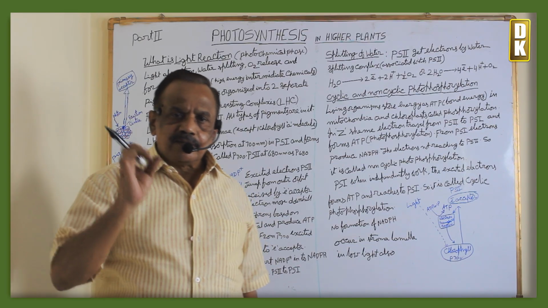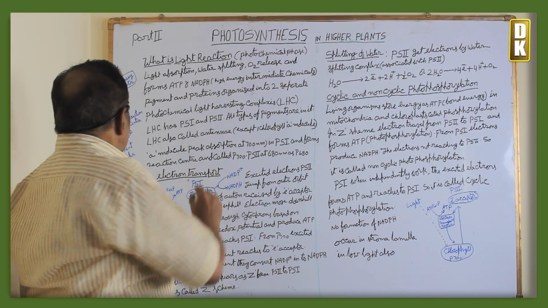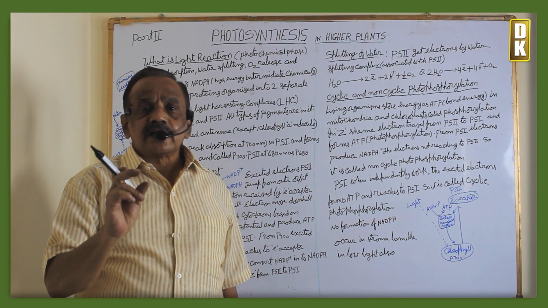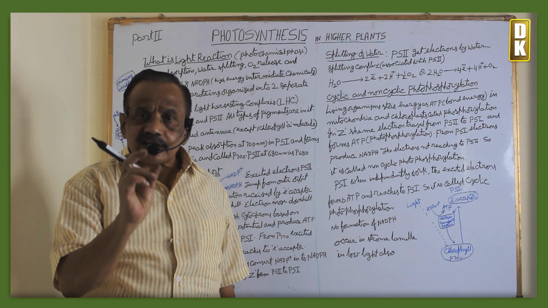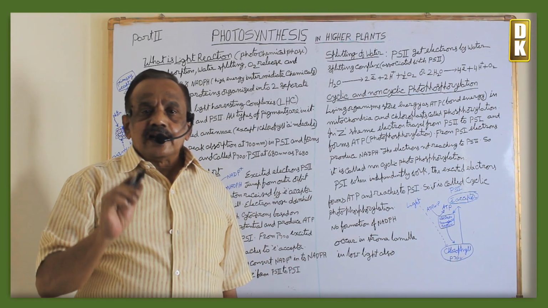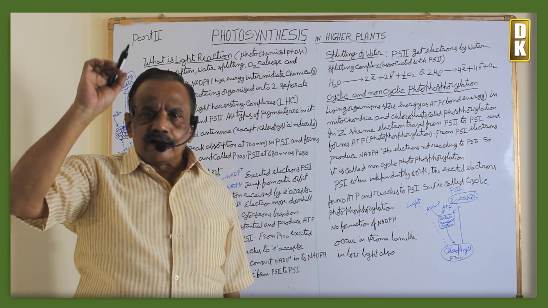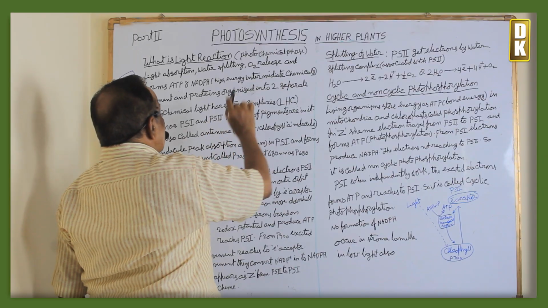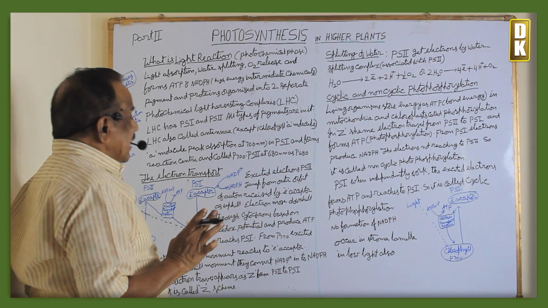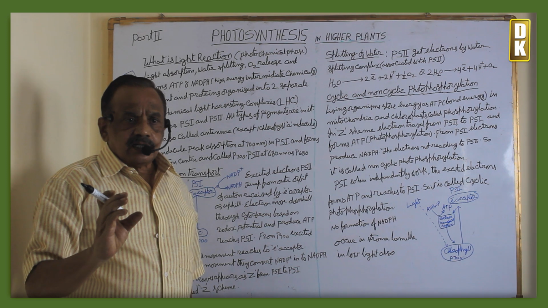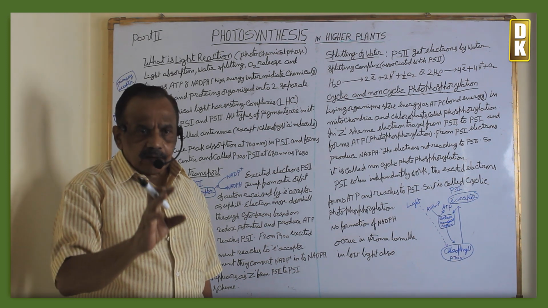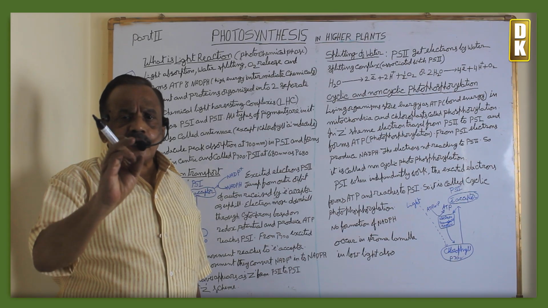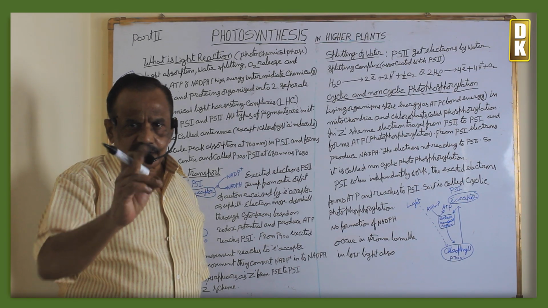The functional unit is called the LHC, light harvesting complex. It is a small unit which contains all the pigments covered by proteins. So pigments with proteins form the light harvesting complex. Remember it, this is a bit.